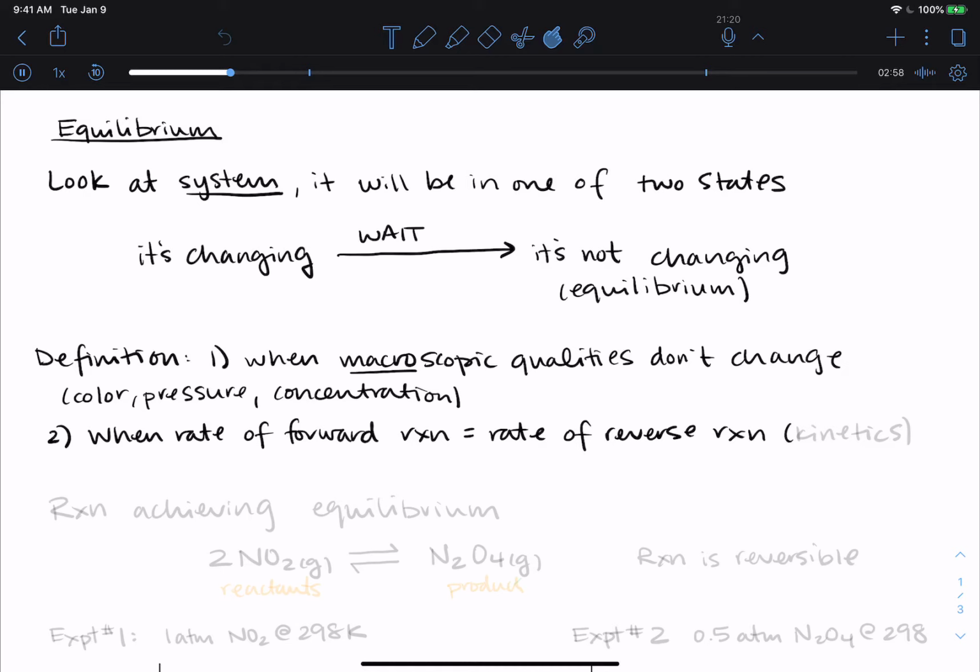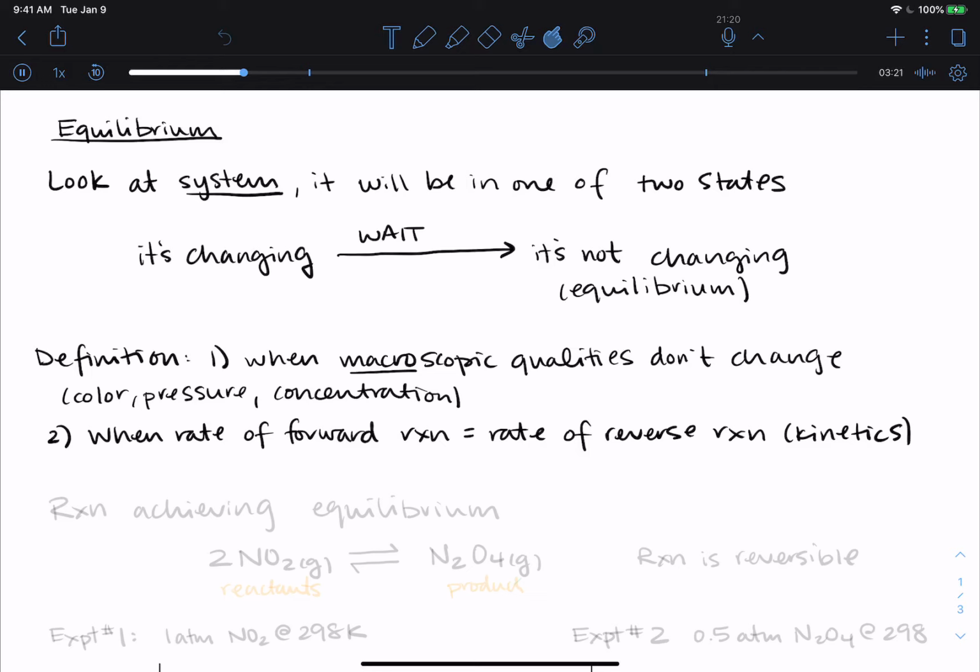And this is a kinetic-based definition. And you will see this come up a lot depending on the source that you're looking at. Many times kinetics is taught before equilibrium is taught, so these kinetic terms will come up, and we will use them a little bit later.